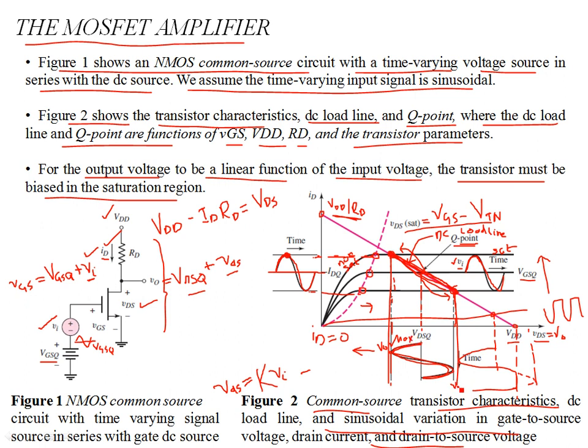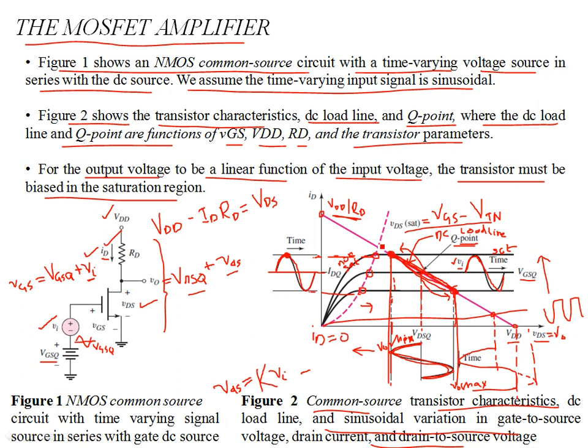Sorry, it's the other way around. I've labeled it wrongly. This should be V naught minimum. So when the current is maximum, you have V naught minimum, and when the Q point shifts towards the right, V naught is maximum and the current is minimum.